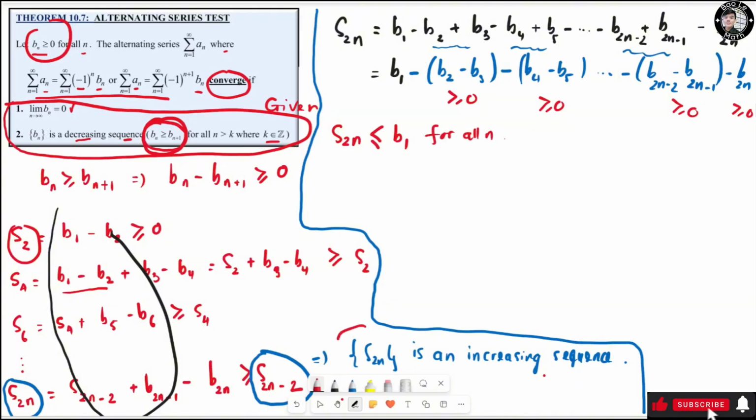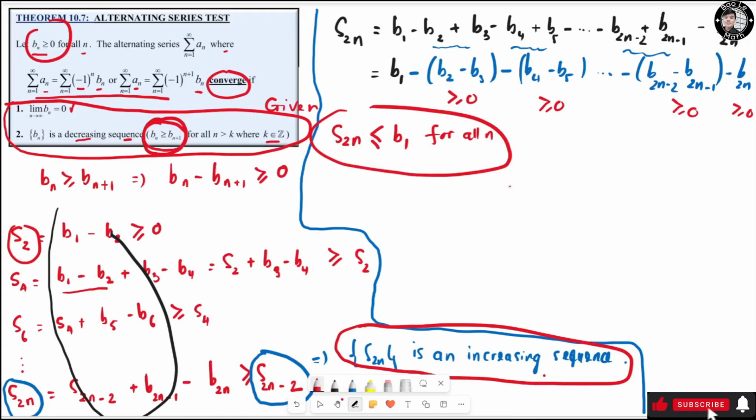And we're going to combine this together. It tells us that s sub 2n must converge. In other words, the limit of s sub 2n as n approaches infinity equals L.